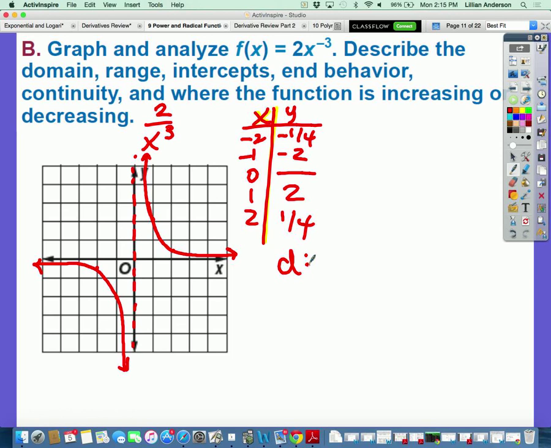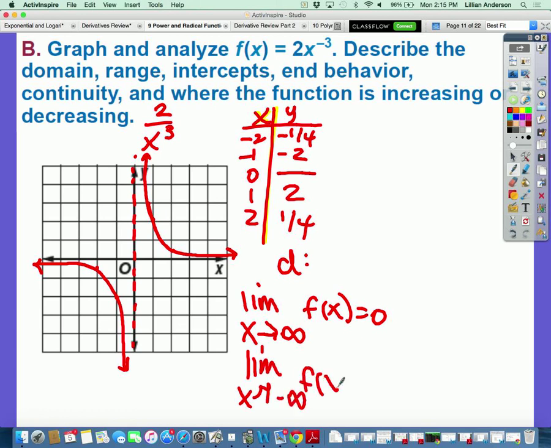Is it continuous? No, you had infinite discontinuity. Your end behavior as x approached infinity, your y's got close to 0. And as x approaches negative infinity, it got close to 0. Was I increasing anywhere? No, I was decreasing.